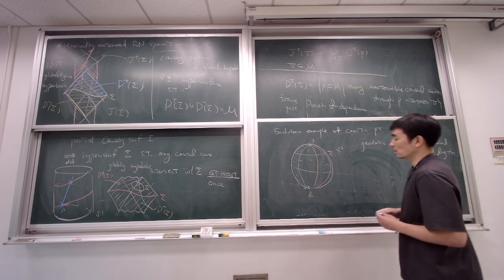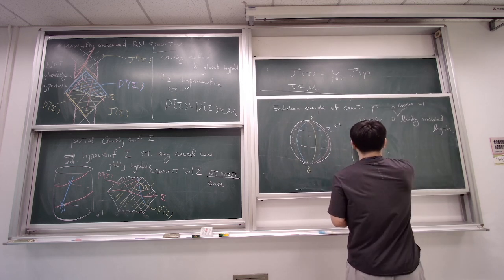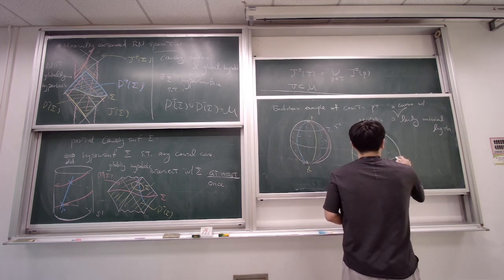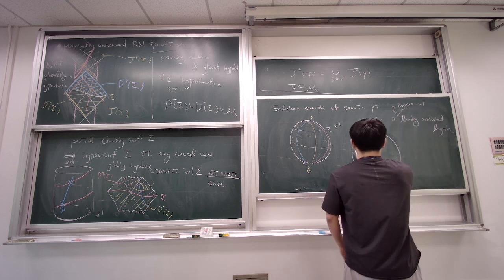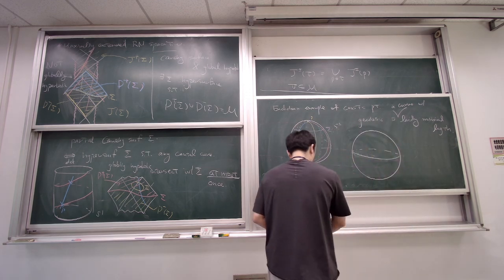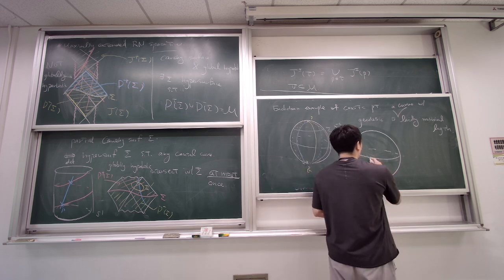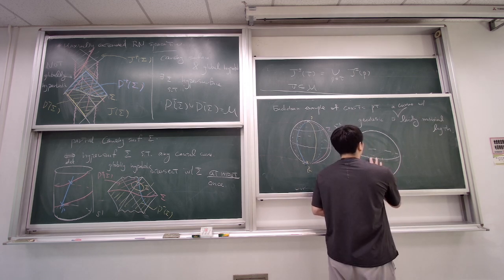So for instance, if you look at this sphere case, if you look at the points P and Q, like here. Let's do the following example.